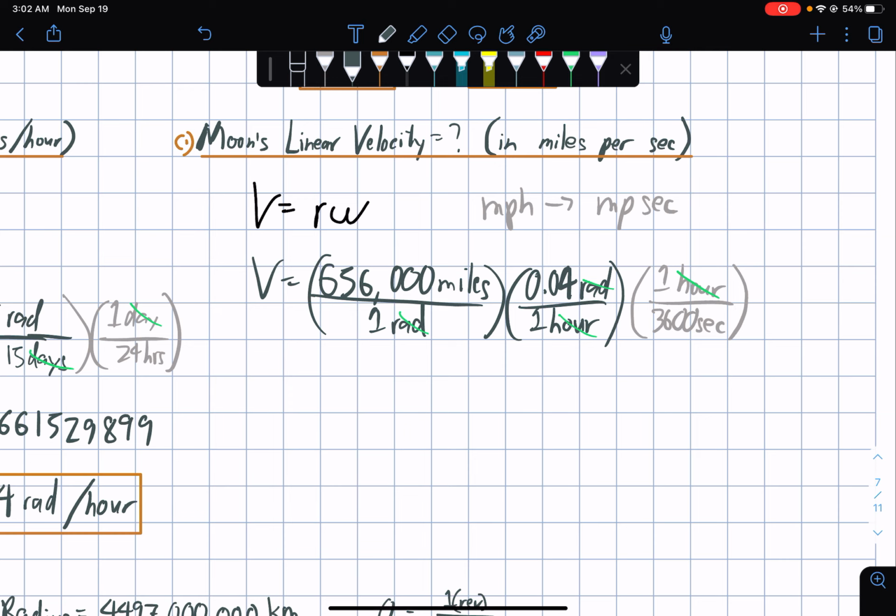Put the values in the calculator. So 656,000 miles over 1 rad times 0.04 radians over 1 hour times 1 over 3600 is V is equal to 7.29.